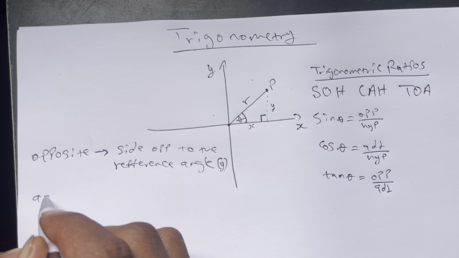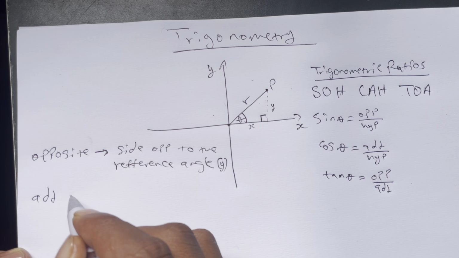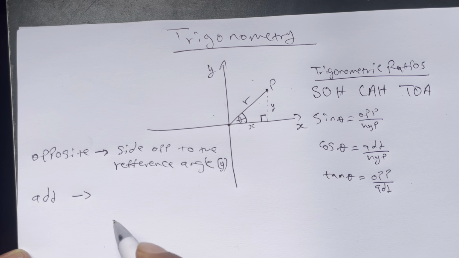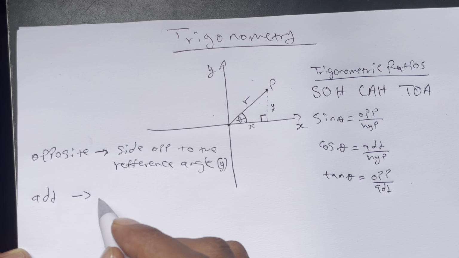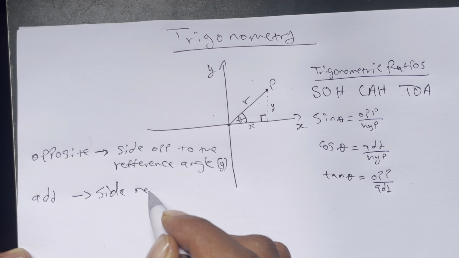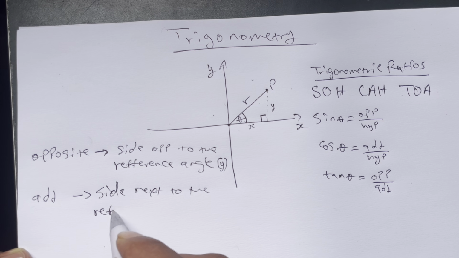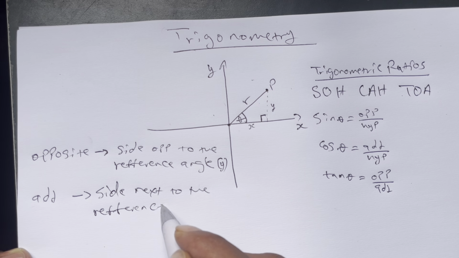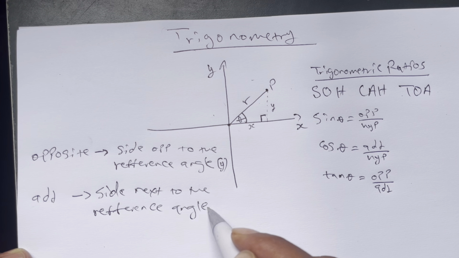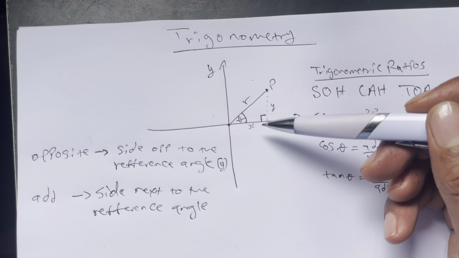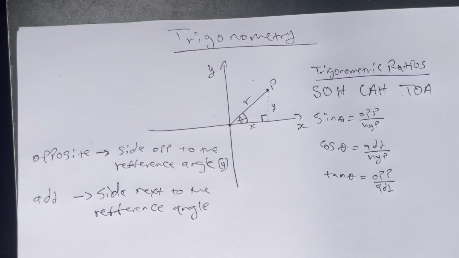And then we have the adjacent side, ADJ for short, which is the side next to the reference angle. The side just next to the reference angle is x.